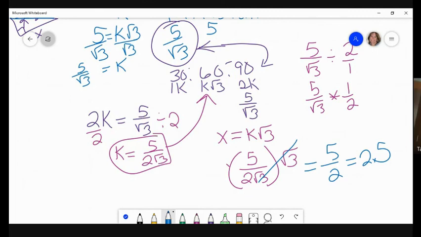That would be interesting. Let me try that. 5 divided by, oh wait, I got to do it the other way. I got 2.5. No, square root 3 should cancel out. That one was kind of ugly with lots of decimals floating around in it.